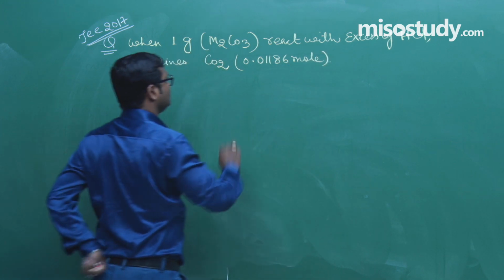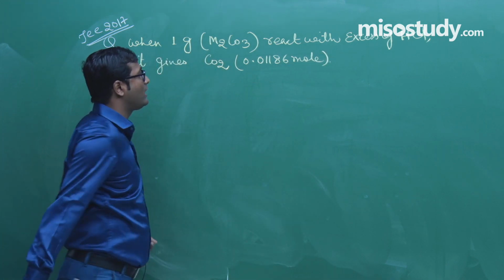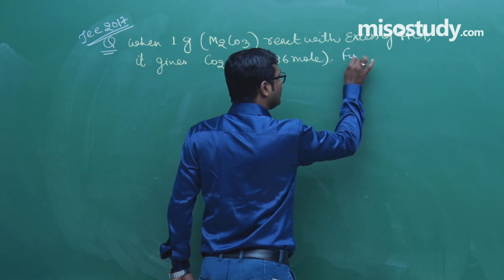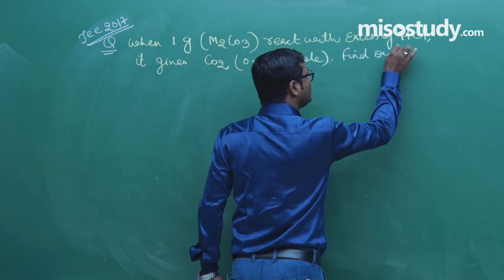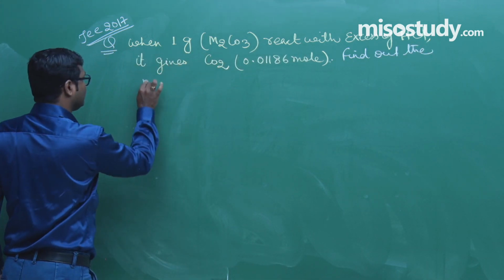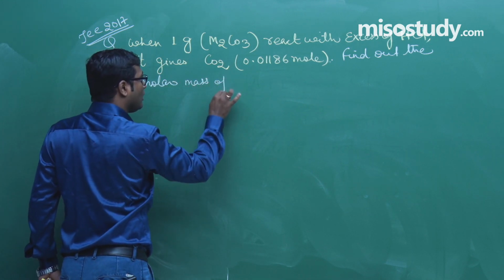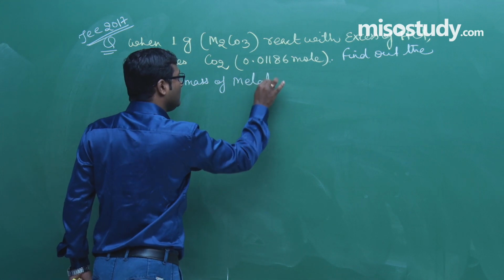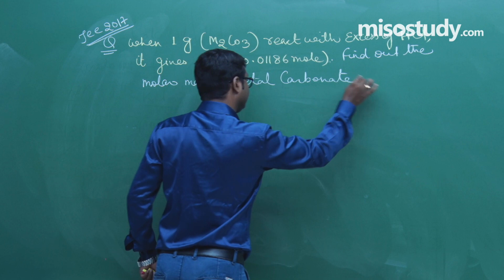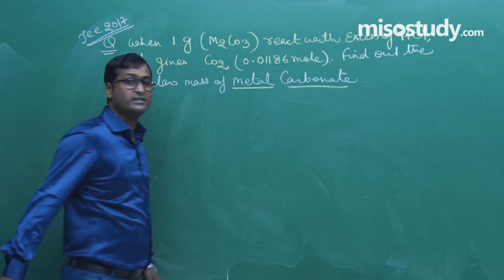Clear to you? What is given here? It gives 0.01186 mole of CO2. The question now: find out the molar mass of metal carbonate. Clear? You can check. This is a question from JEE 2017.